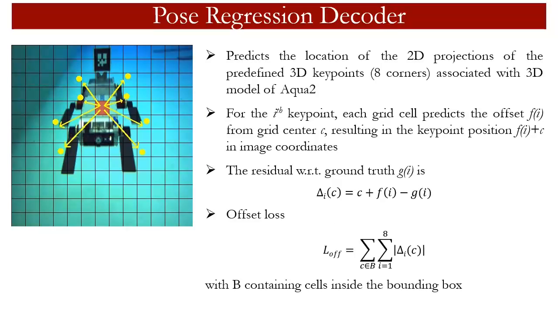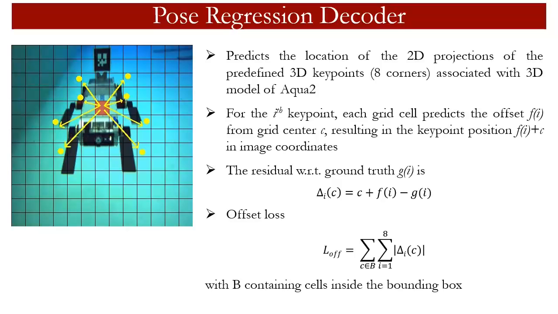The pose regression decoder predicts the projections of the 8 corners of the 3D object model bounding box as keypoints. For the ith keypoint, each grid cell predicts the offset F_i from the grid center C, resulting in the keypoint position F_i plus C in image coordinates. Then we calculate the prediction offset for each keypoint i from the ground truth G_i. Keypoint predictions from grid cells falling inside the object detection box are only selected.